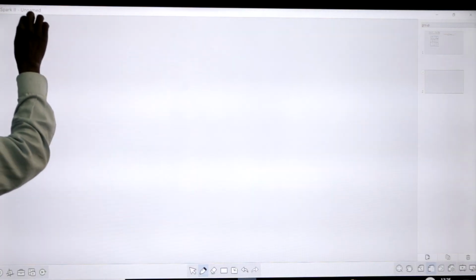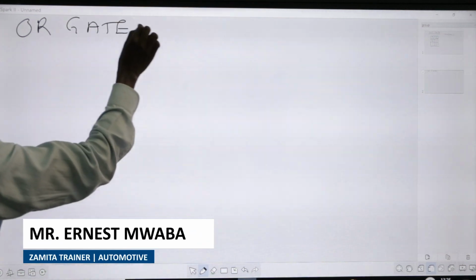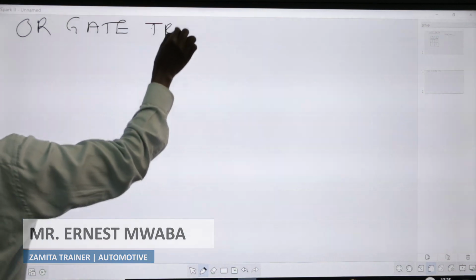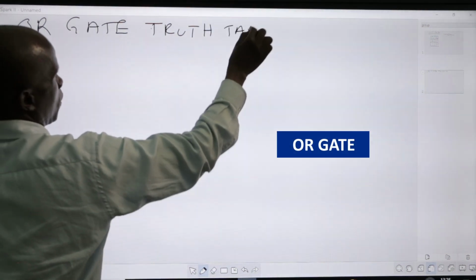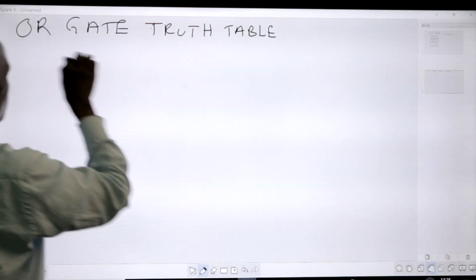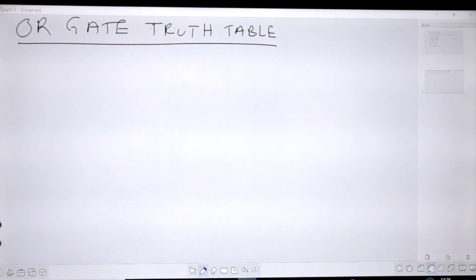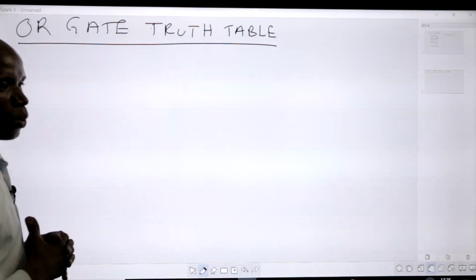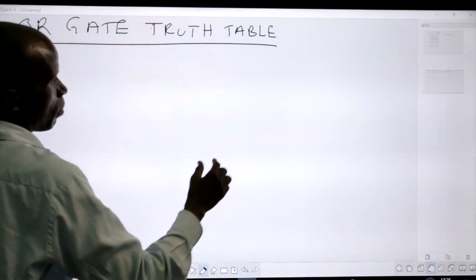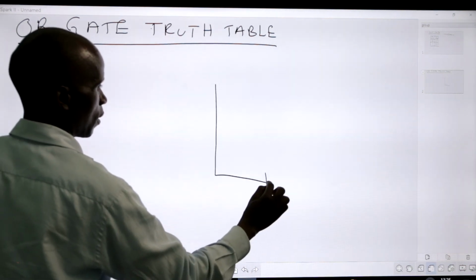So first of all, I'm talking about an OR gate, and I'm introducing a truth table. If you followed the other video, we came up with a circuit where either one of those two switches was able to light up a bulb, and it was something like this.